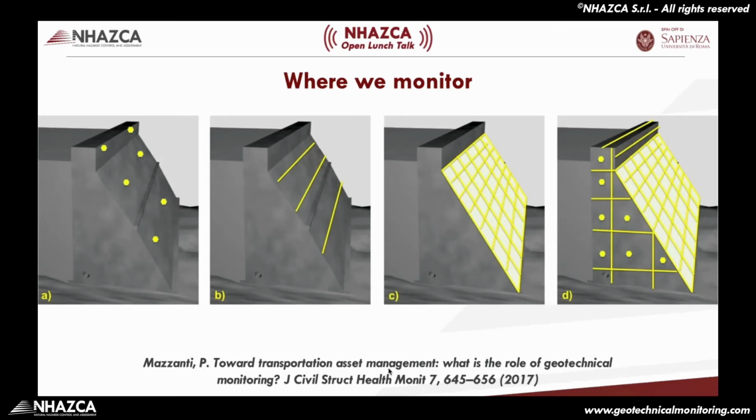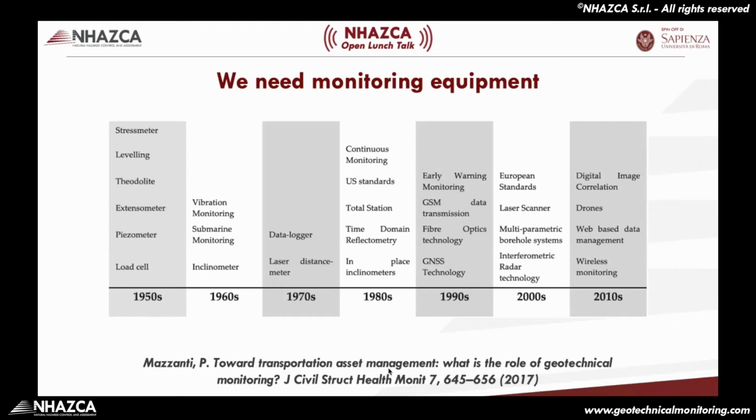So inside, it's a sketch of a slope. That depends, again, on the need. In some cases, just a tool put on the surface could be enough for a local issue. In other cases, you need to put a lot of instrument to understand the behavior of some geotechnical or structural matter. Of course, to do monitoring, we need equipment.